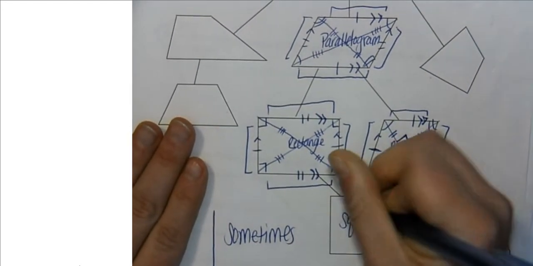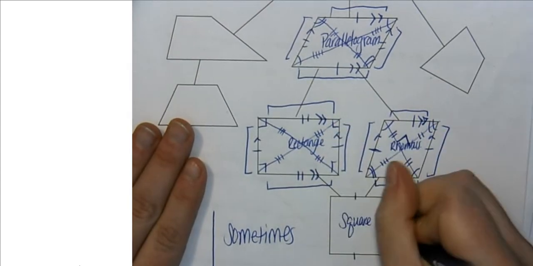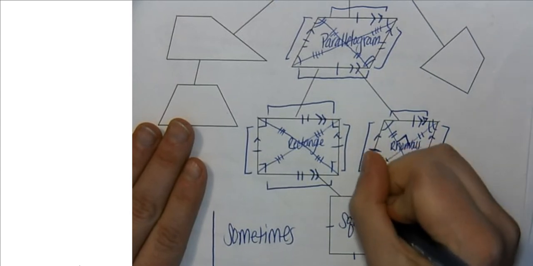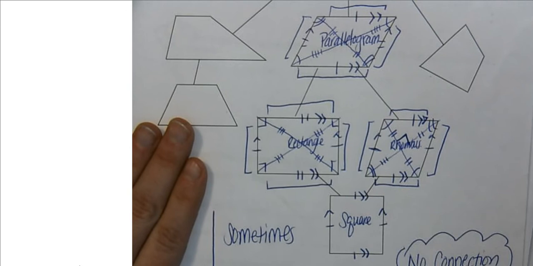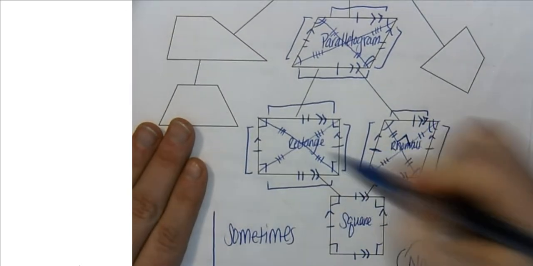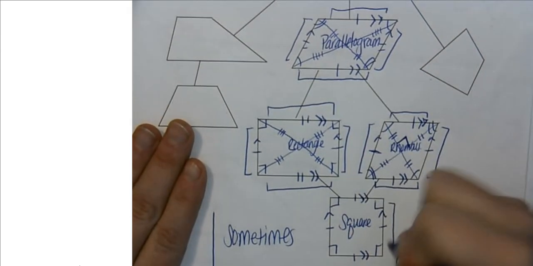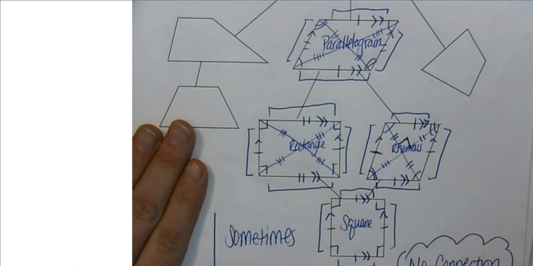The square has all of the properties that came before. It has opposite sides that are congruent, but more specifically, all sides are congruent. Opposite sides are parallel, so I'm going to mark that up because it's a parallelogram. We know that it has 4 right angles because it's connected to a rectangle. The consecutive interior angles are supplementary: 90 plus 90 is 180.